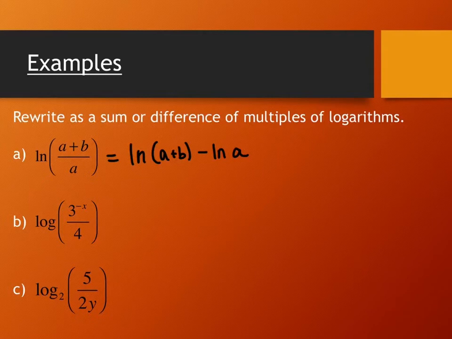Don't get overzealous and try to do anything with the a plus b. You don't have any properties that allow you to simplify a sum or a difference inside of a log. They just have to stay put. Okay? Leave them. And that's it. That's all you can do on part A.